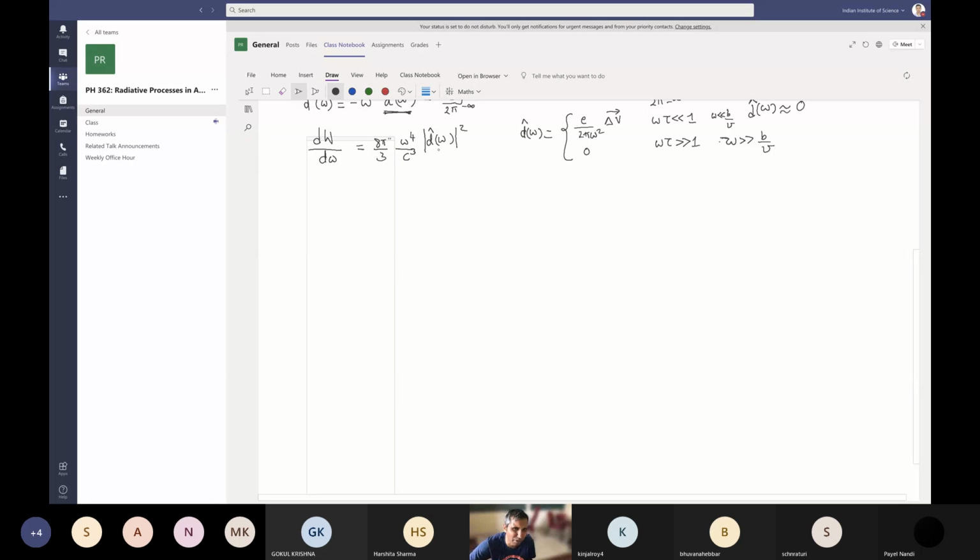This is a derivative of the Larmor radiation formula. If you have a collection of charges, then you can think of this dipole moment. So this is how the radiated energy varies as a function of frequency.